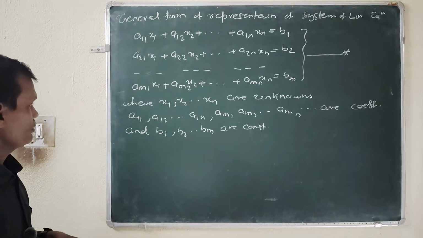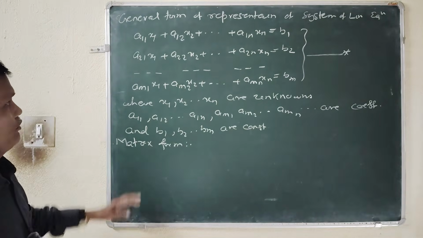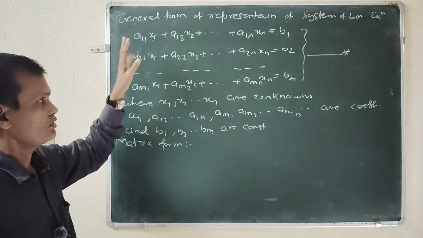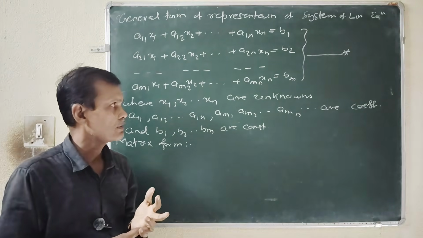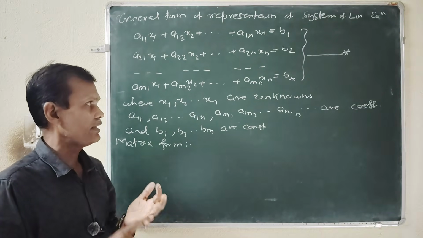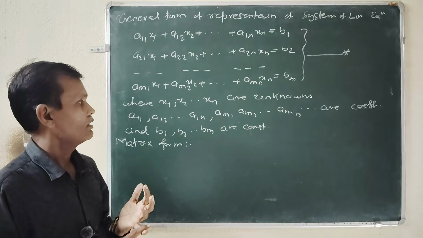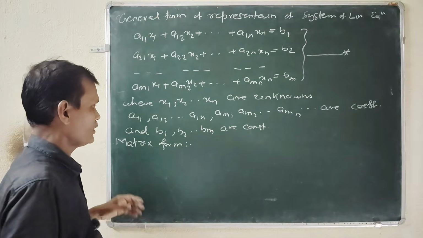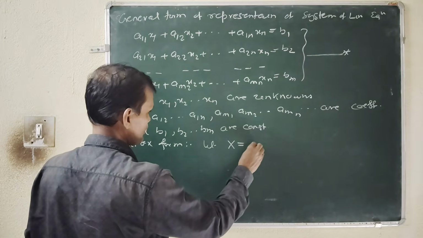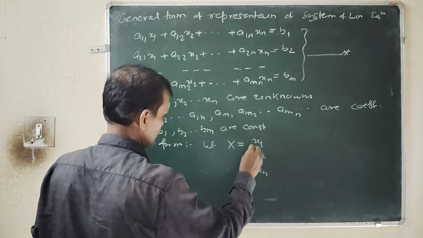Okay, then we will write the matrix form. In this system of equations, we categorize the entire thing into three: the coefficients, written as aij, the unknowns, written as xi, and the constants, written as bi. So in matrix form, let capital X be x1, x2 up to xn.